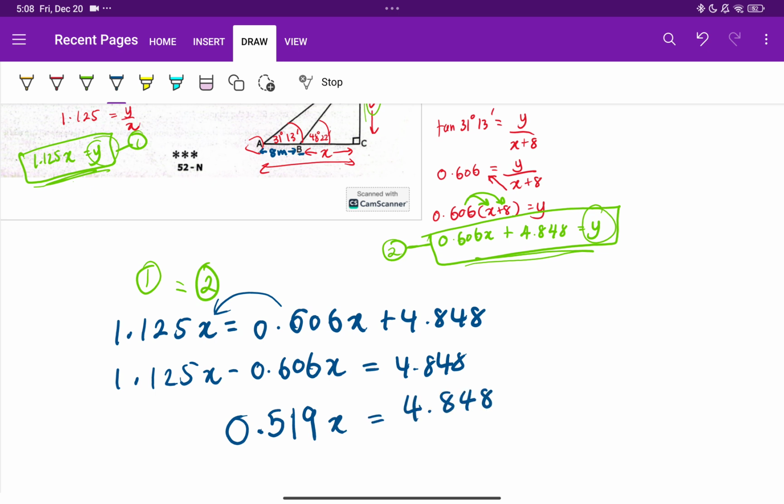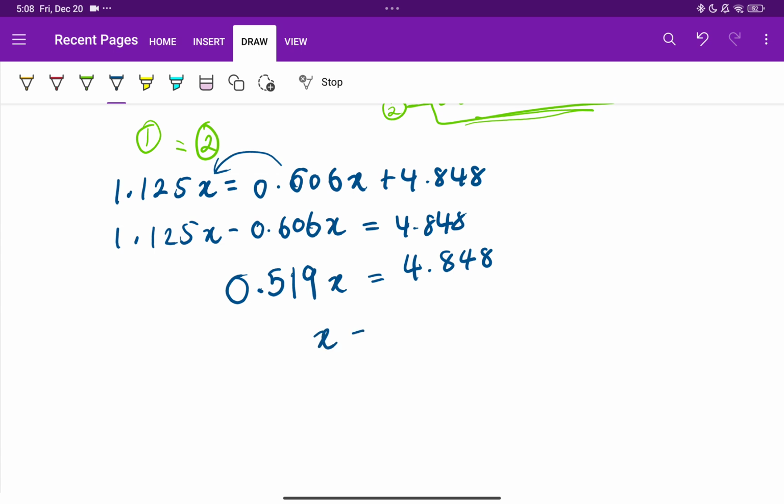0.519x is equal to 4.848. Now to find x, we'll have to divide 4.848 by 0.519. Now we can't use calculators in our exam, so we'll probably have to use logarithms. So I'm going to apply log to both sides.